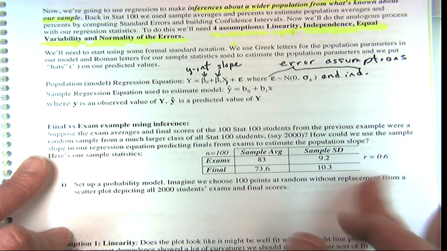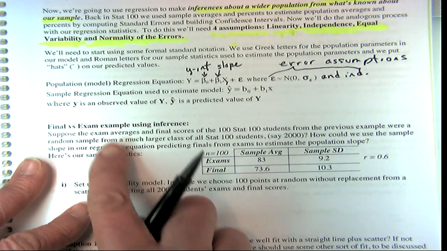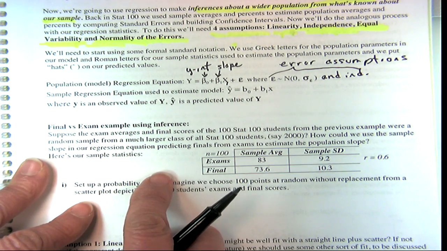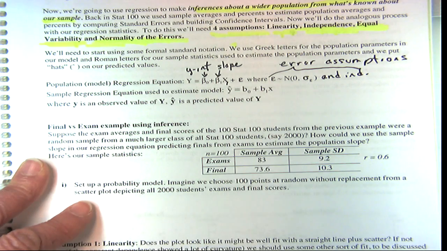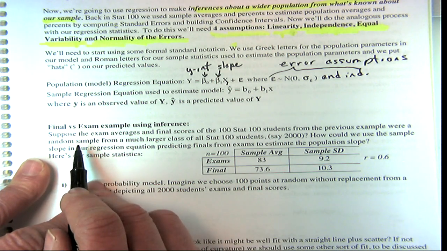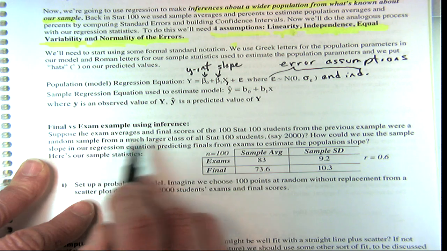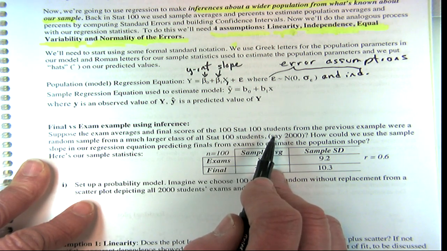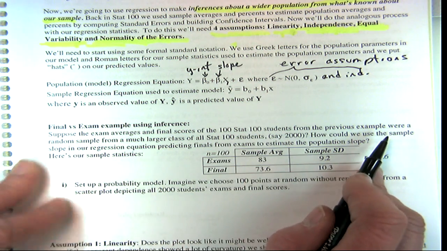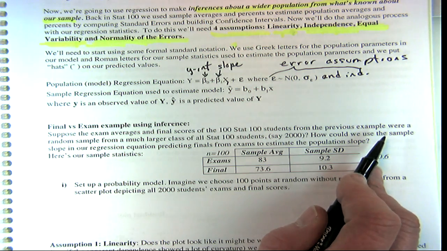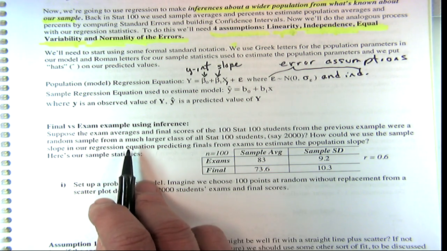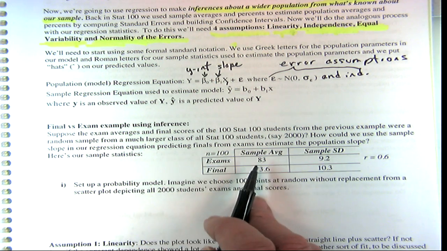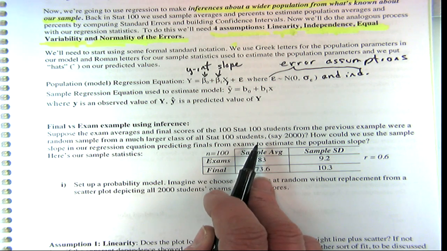All right, so now let's go back to this example that we used. The example was the finals and the exam scores of a group of Stat 100 students. Now suppose those exam averages and final scores of the 100 Stat 100 students from the previous example that we just looked at in the last chapter were a random sample from a much larger class of all Stat 100 students.